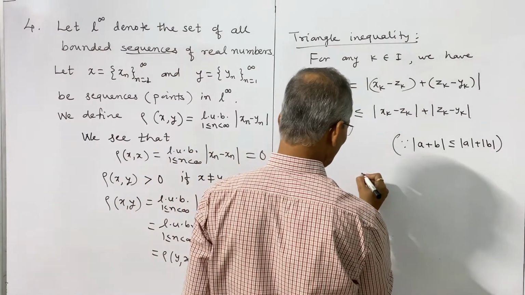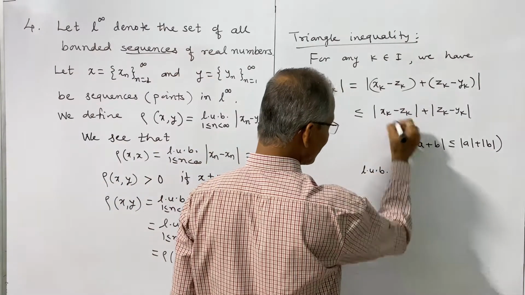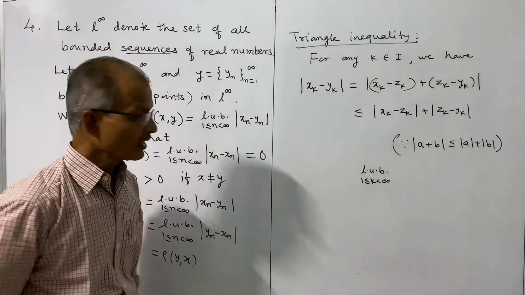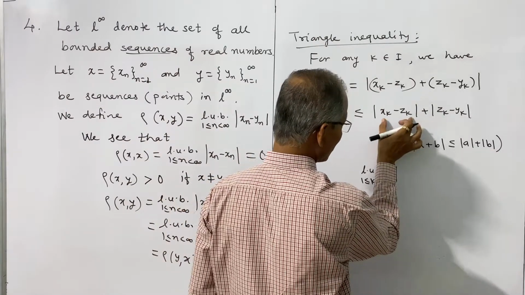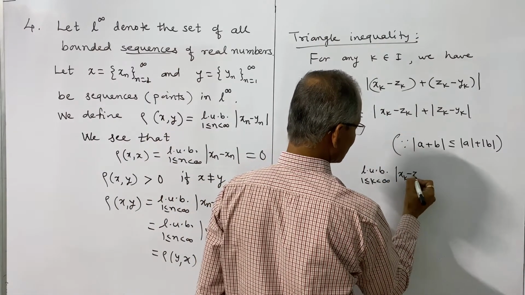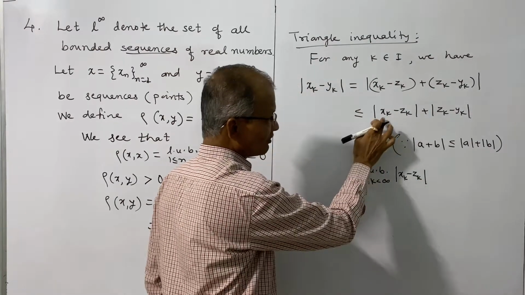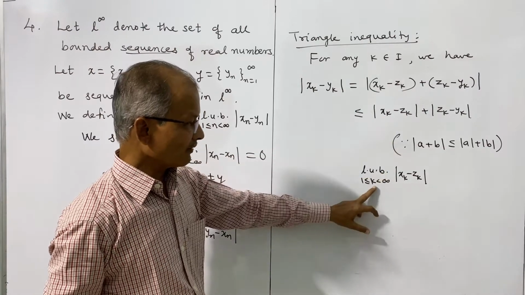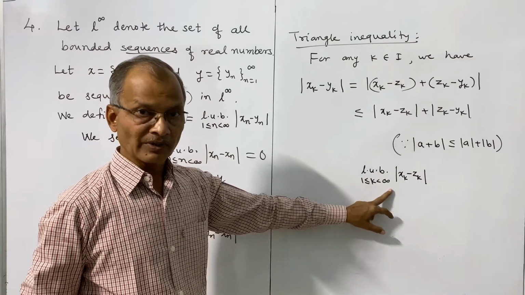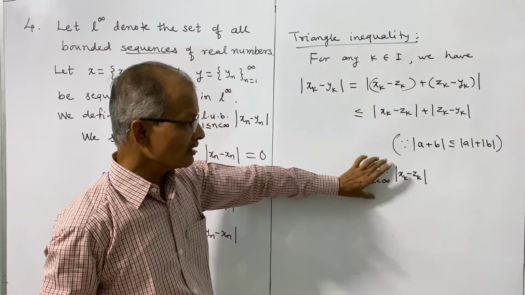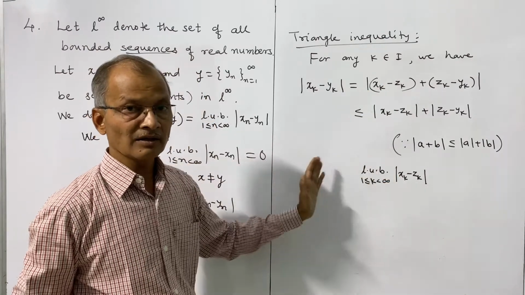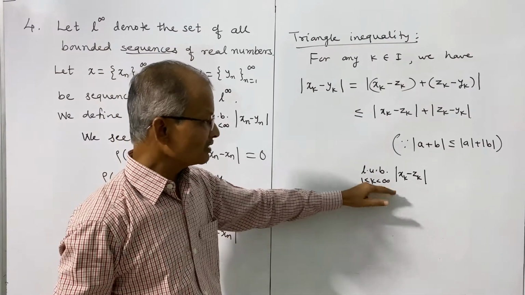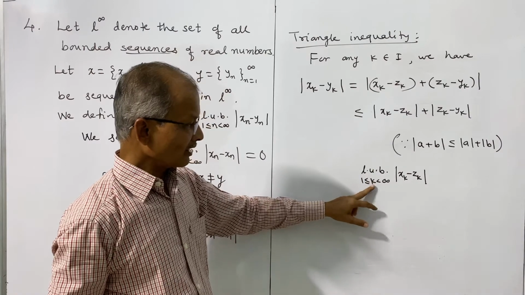So if you write the least upper bound over all values of k from 1 to infinity of xk minus zk, then this value is certainly less than the bound, because we are taking the least upper bound of the set, or roughly the maximum value when k takes values 1 to infinity.